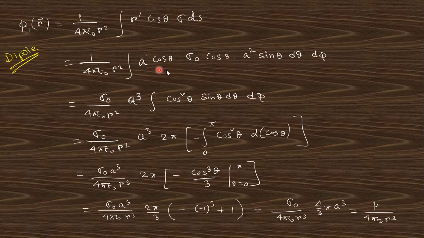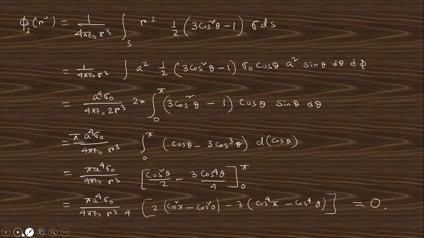So a cube will be common, and we have cos square theta sin theta d theta d phi. The integration of d phi is 2 pi, and this can be written as cos square theta d of cos theta. You need to put a minus, because d of cos theta is minus sin theta d theta. The integral gives cos cube theta by 3. Putting in the limits gives minus 1 whole cube, so minus of minus 1 minus 1 gives 2, and with the 2 this gives 4 by 3 pi a cube sigma 0, divided by 4 pi epsilon r square. This is nothing but p, right?